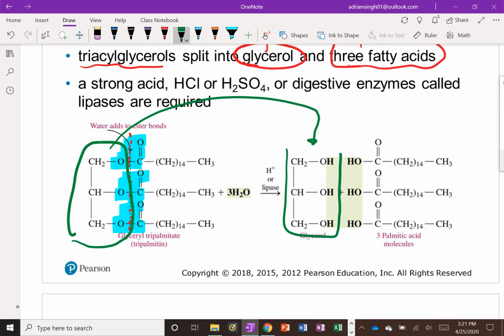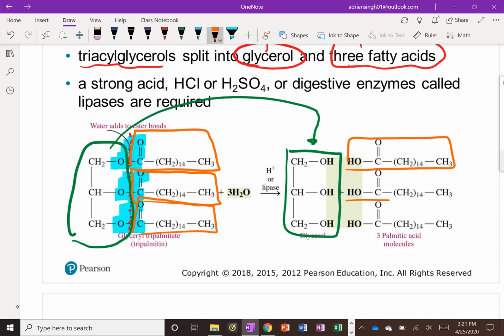And then we just convert each of these to the corresponding carboxylic acids. We just add that OH at the end there to make that carboxylic acid functional group. This is the exact same thing that you did in the previous chapter when you hydrolyzed an ester under acidic conditions. We're saying now the same thing's going to happen in the body if we use an enzyme called lipase.